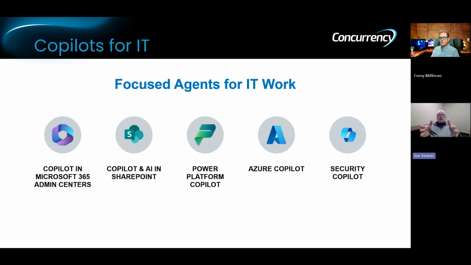We're also going to dive a little further into SharePoint, because that gets extended beyond what happens generally within the rest of the M365 admin centers and the Copilots there. There are even further capabilities inside of SharePoint, and there's a new AI in SharePoint capability that's out in preview right now, actually involving Anthropic, for any of you that are interested.